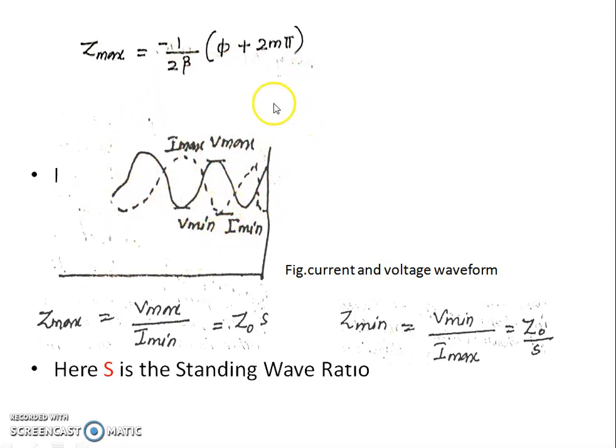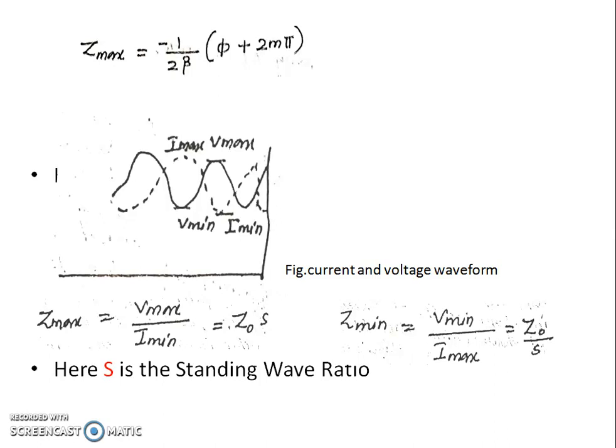That is the relation between the voltage and current. So we can summarize this: at the maximum voltage point we get the minimum current, and at the maximum current point we get the minimum voltage.